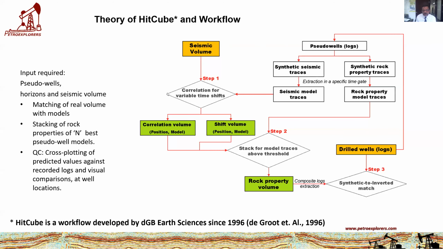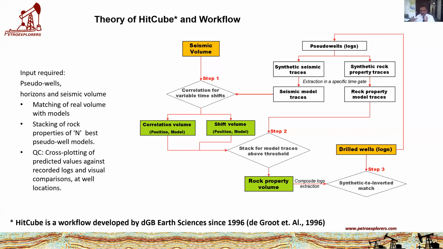So the seismic volume is tied to the model traces, correlated with the model traces, and then you find the best match based on correlation and time shift for each seismic trace.